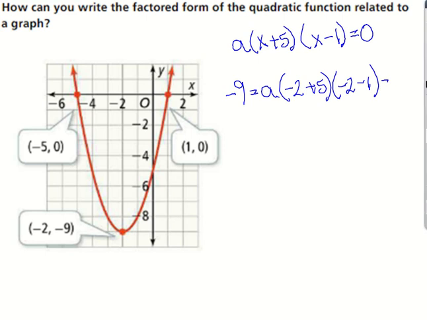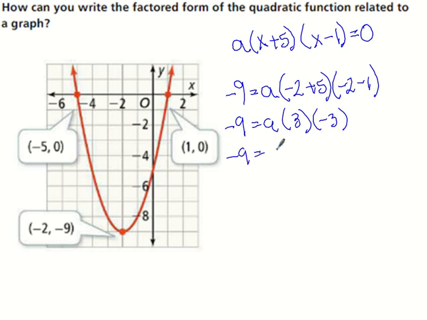So negative 9 equals a times, well, 5, 4, 3. And then negative 2 minus 1 would be negative 3. I get negative 9 equals a times negative 9. Well, these are multiplied, so the inverse is to divide. And we get 1 equals a.